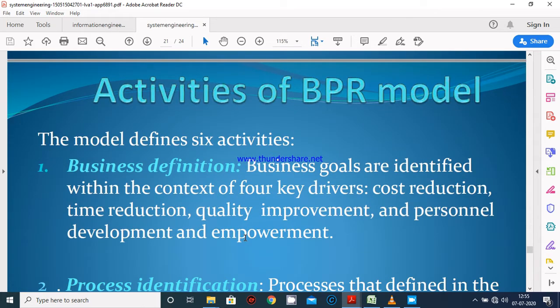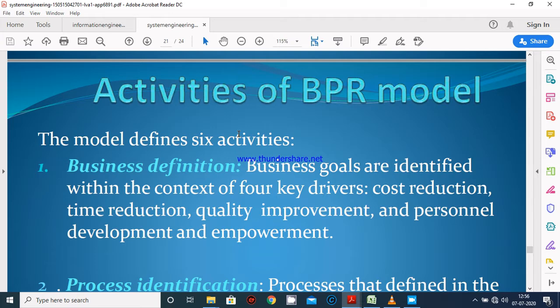So what are the activities of the BPR model? The model defines 6 activities. Activities means characteristics, means targets. What are the functionalities covered by product engineering?